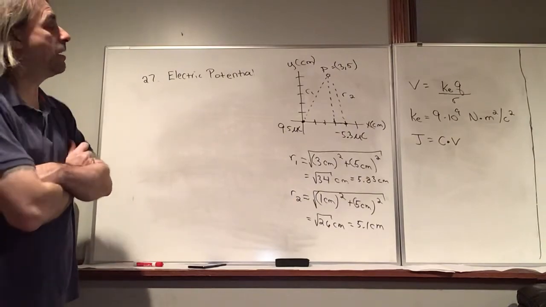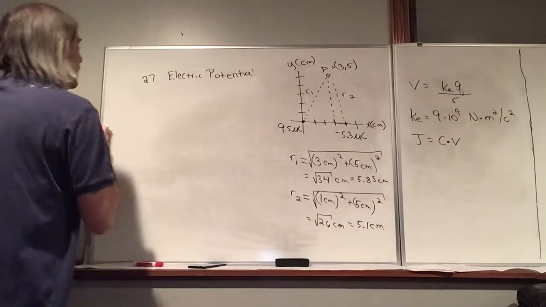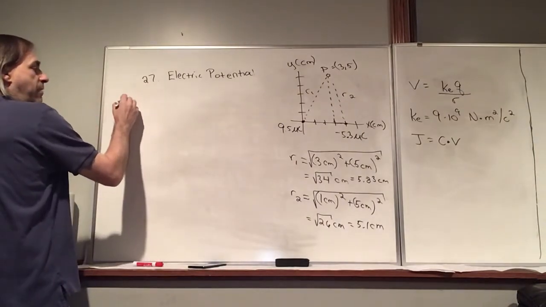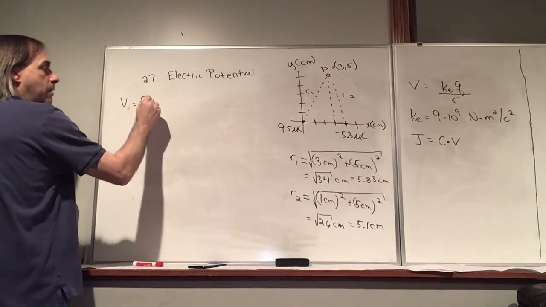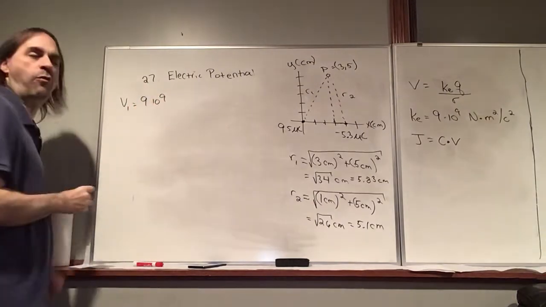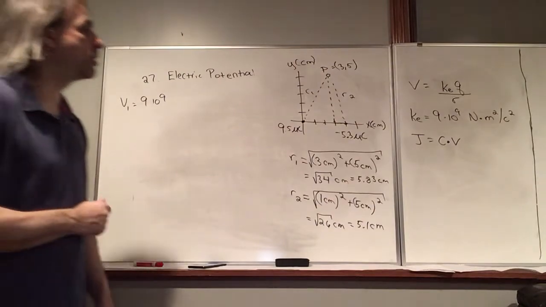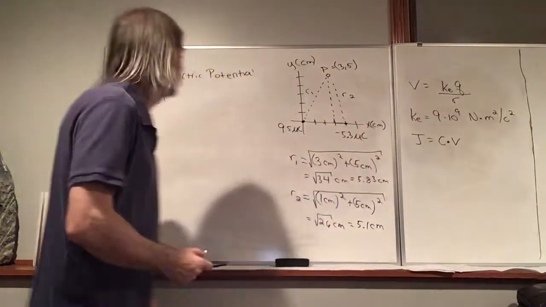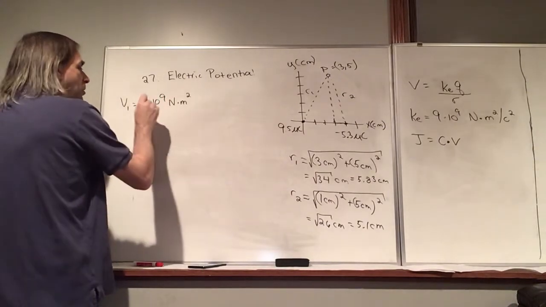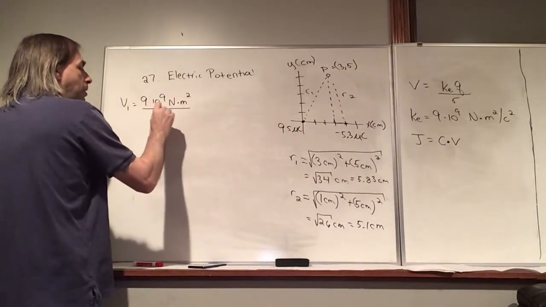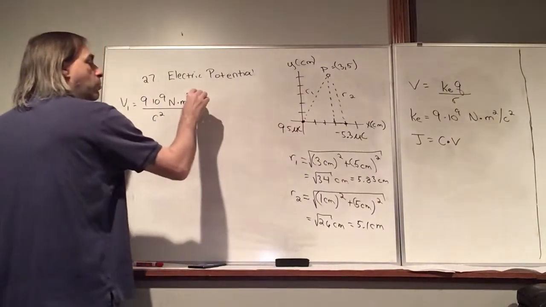Now let's calculate the electric potential at point B due to each of those charges individually. So let's just calculate V1. So we have our constant. I would write the formula first and then fill in the numbers, but just because of limited board space. So we have KE, and I'm writing down the numbers. Now the charge is 9.5 microcoulombs.